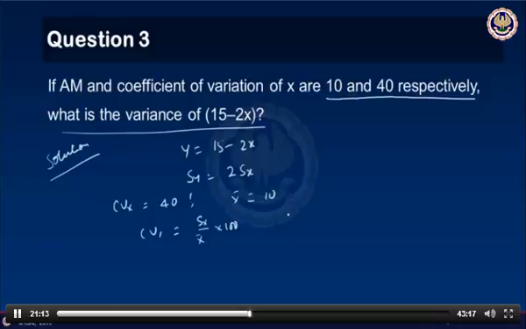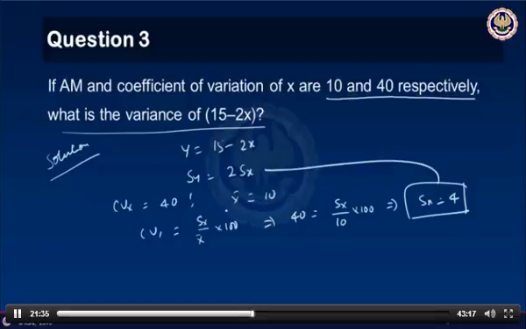Now 40 equals standard deviation of x, which we have to find out, by mean of x, which is 10. So it implies that the standard deviation of x equals 4. When the standard deviation of x is 4, we substitute this: standard deviation of y is 2 times standard deviation of x, that is 2 times 4, that is 8.